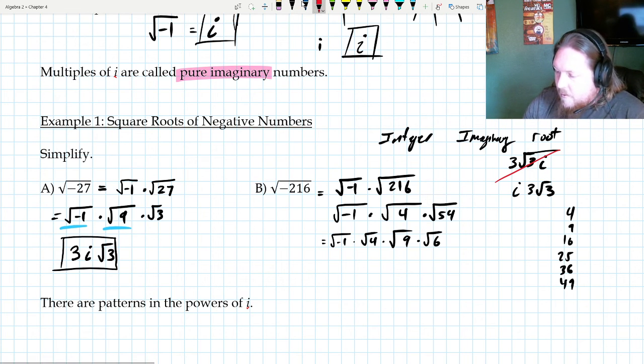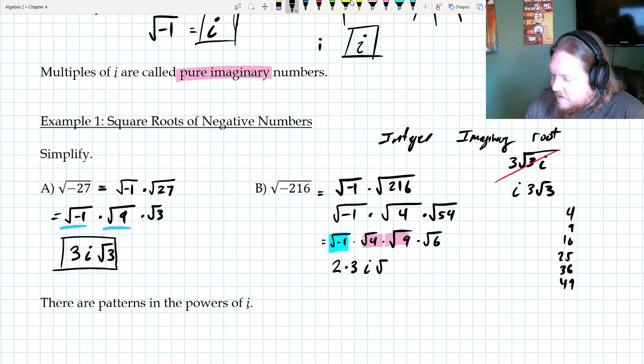Now, I can take the square root of 4 and I can take the square root of 9. The square root of 4 is 2. The square root of 9 is 3. The square root of negative 1 is i. And the square root of 6 just kind of hangs out by itself. 2 times 3, of course, is 6. 6i root 6.